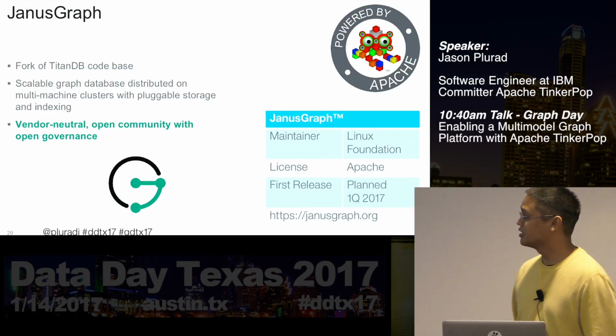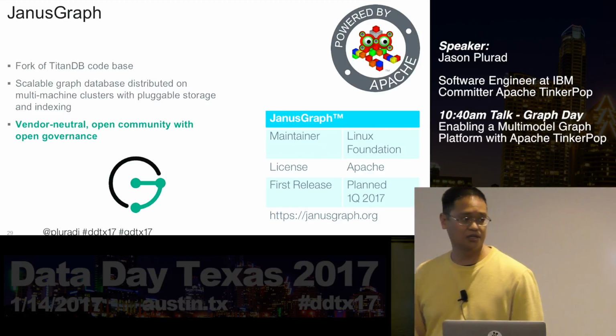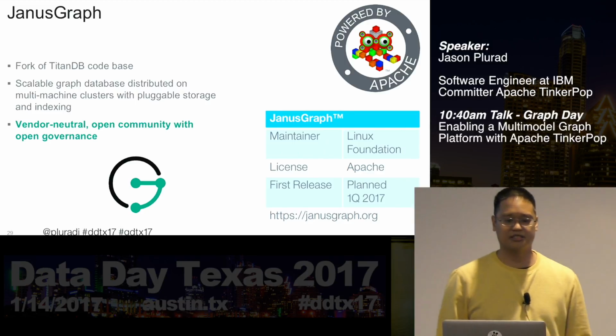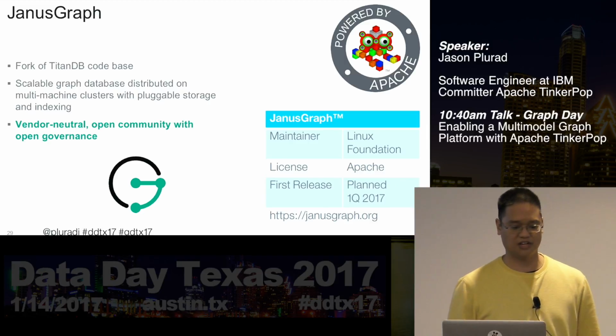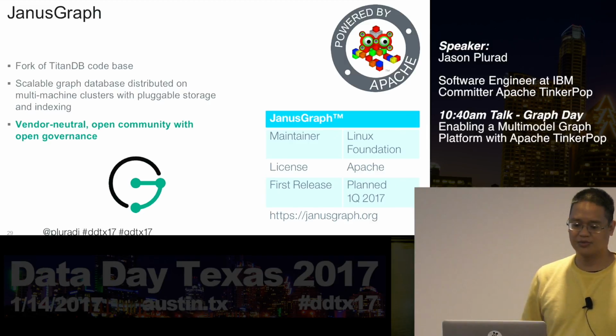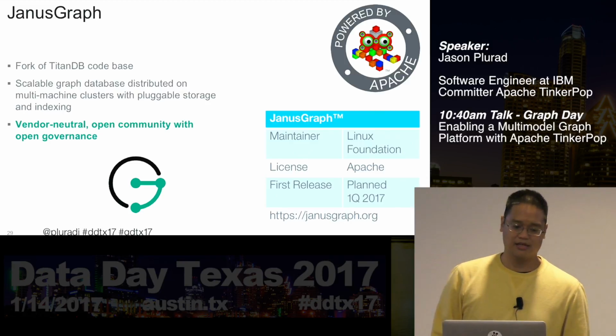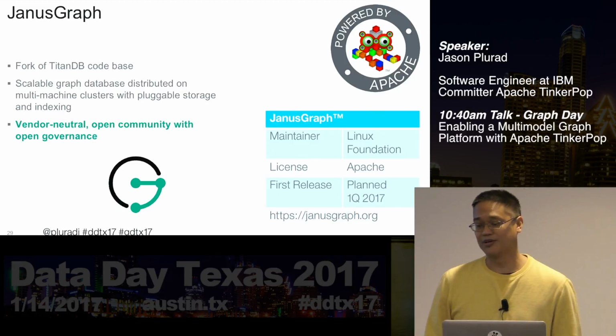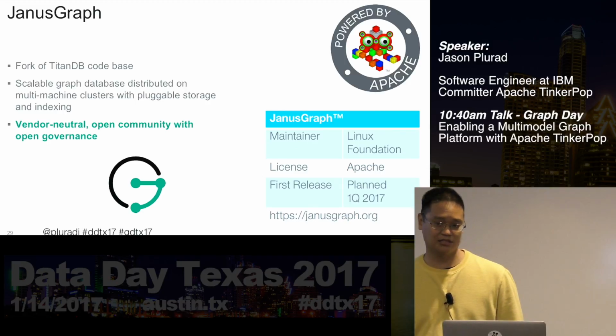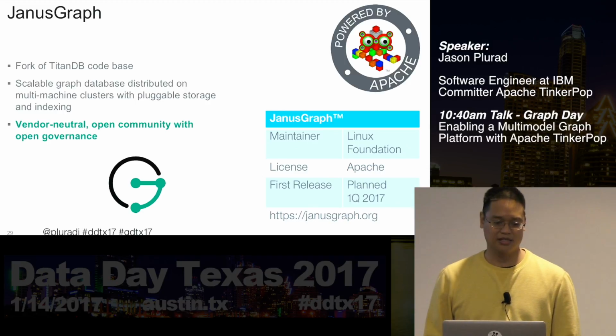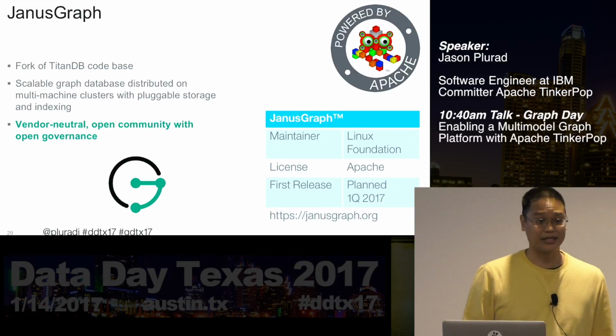Then finally, on Thursday this week, the Linux Foundation announced the creation of the Janus Graph project. This represents a fork of the Titan DB code. So as we had mentioned before, the Titan community had stalled a fair amount, and the interest in Titan didn't go away.